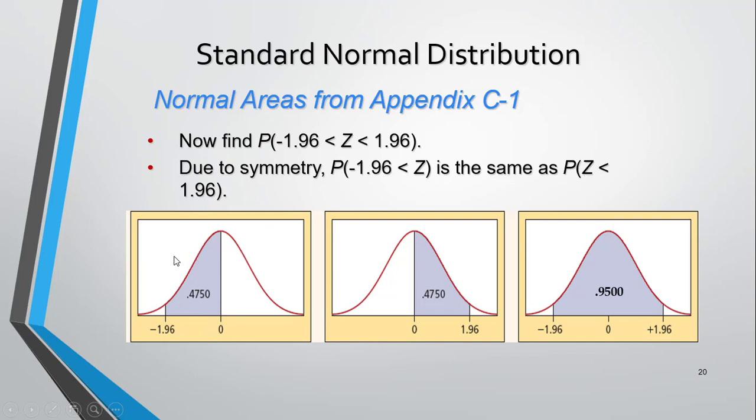So this area under the curve should be the same as this. Together, between minus 1.96 and plus 1.96, you add 0.475 plus another 0.475, and you get 0.95.